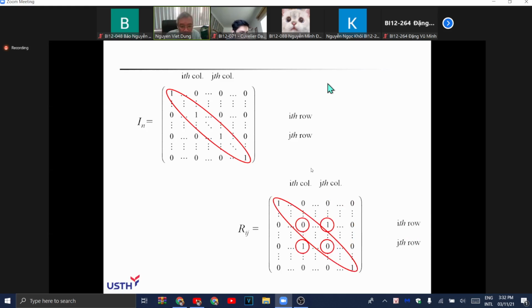Then the first elementary matrix will be here, because we exchange the I's row and J's row. Then that entry will go here, and this entry will go up there. And because of that, we get 0 here and 1 here. Similarly, 1 will go from here to there, and the 0 will go from here down there. We get that.